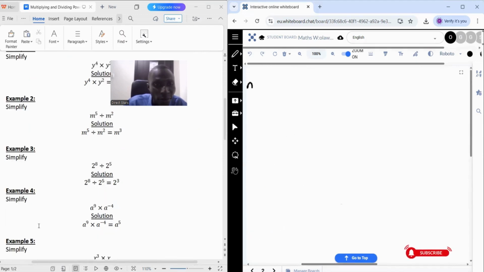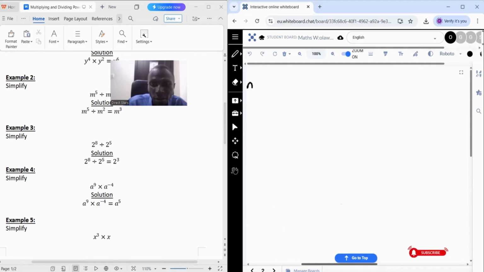Example 5. Here we are asked to simplify x raised to the power 3 multiplied by x. In our last class, when we looked at introduction to powers and roots, we made to understand that x is the same thing as x raised to the power 1.